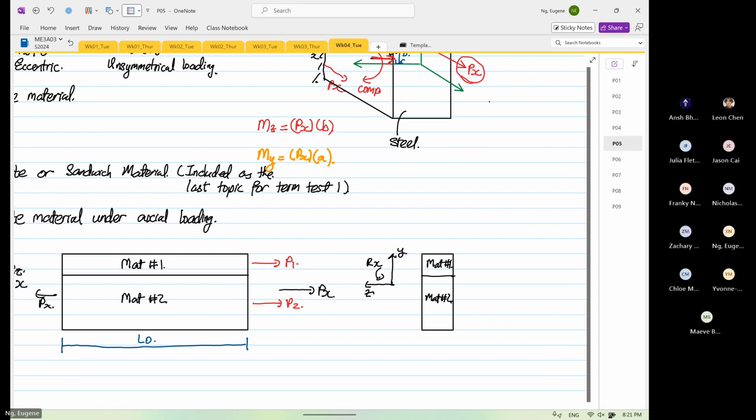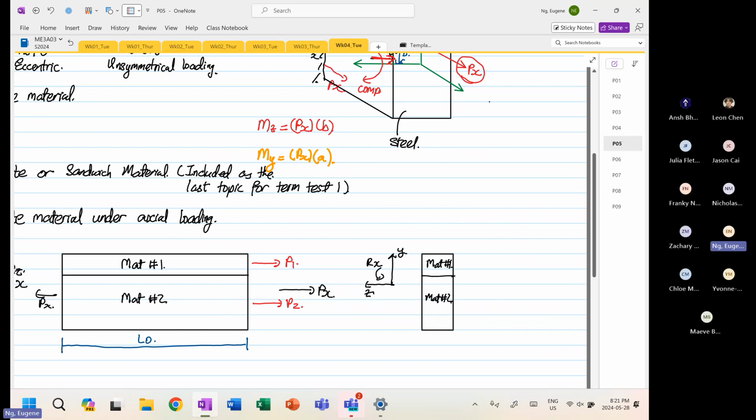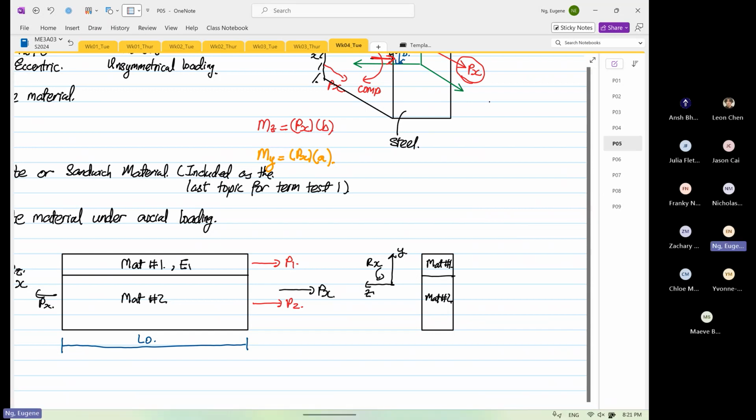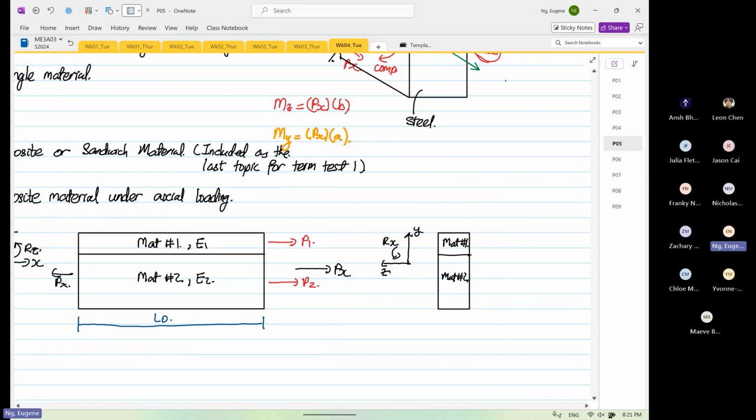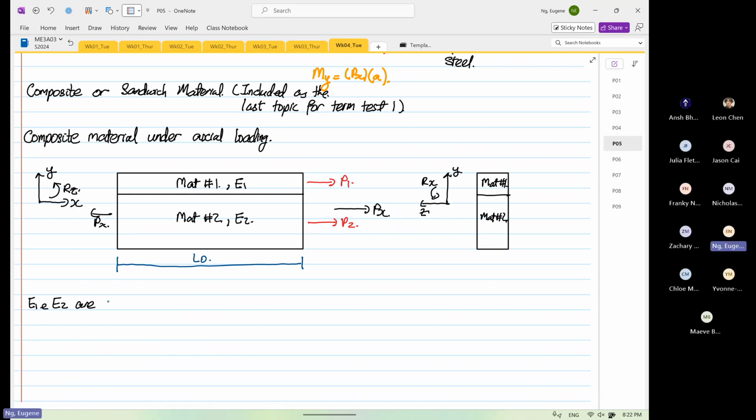Material number 1 has a Young's modulus of E1. Material number 2 has a Young's modulus of E2. So E1 and E2 are the Young's moduli.